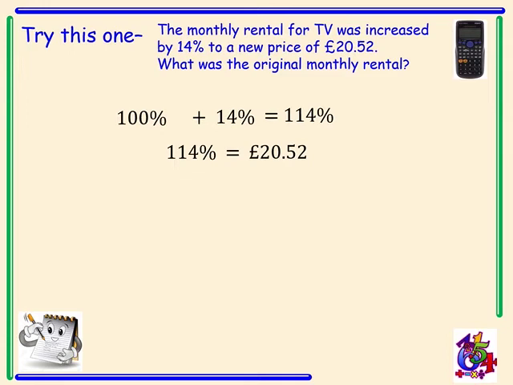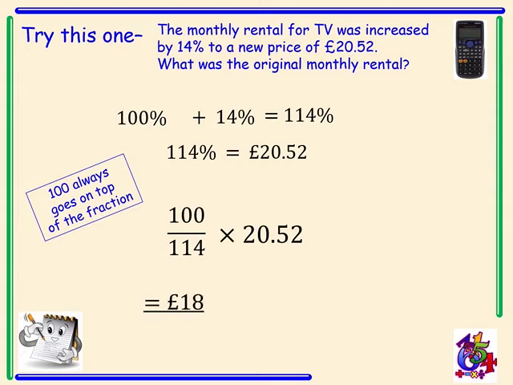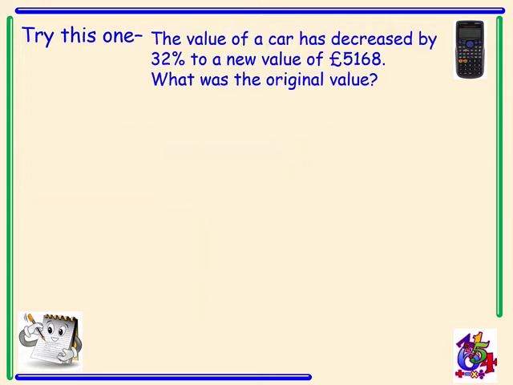From there, we're working back to 100%. We need to remember 100 always goes on top of the fraction. 100 over 114 times £20.52 will give an answer of £18. So the original monthly rental was £18 before the increase. Now try this example on your own.